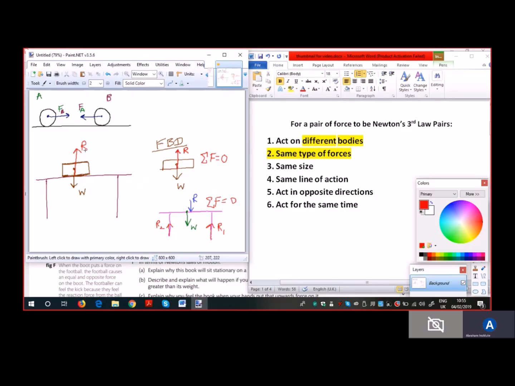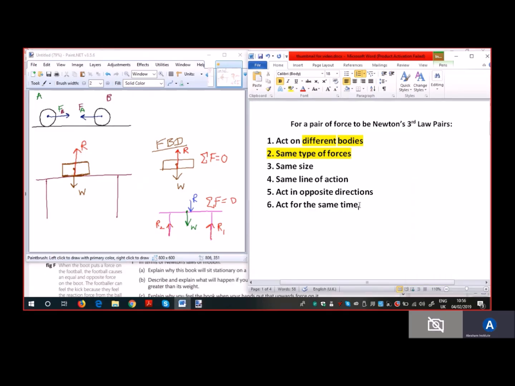Now if you remove the book from the table, then there will be no more reaction force. But the weight force is still there because it's on the earth. So you see these don't act for the same time. I will use another color. You can see these 3 criteria are met, but these 2 and also this 6th criterion are not met.